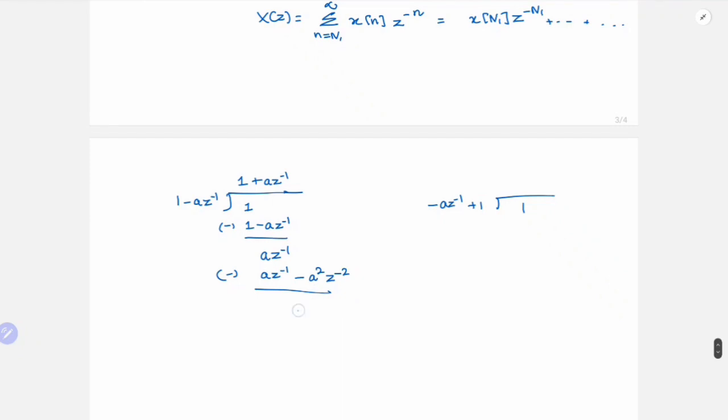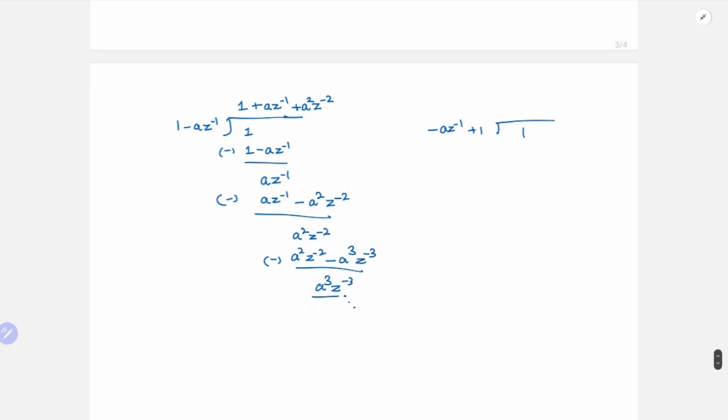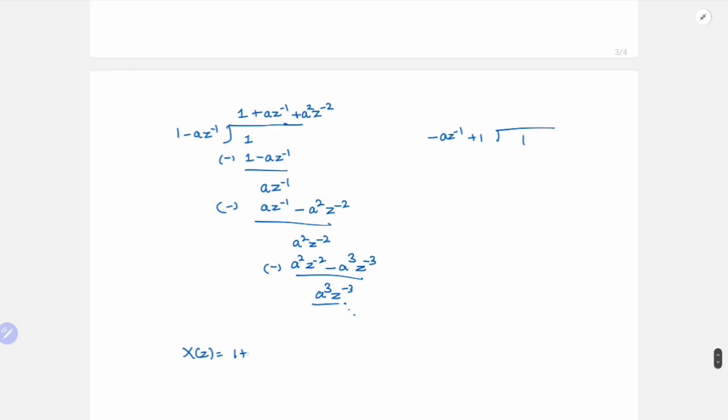I'll get a square z inverse square. Again, to cancel this, I need to multiply with a square z inverse square. I'll get a square z inverse square minus a cube z inverse cube. This will keep going on, and so on. So what is my quotient here? My x of z, I can write as 1 plus a z inverse plus a square z inverse square.